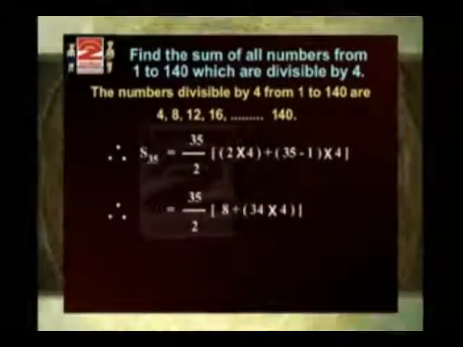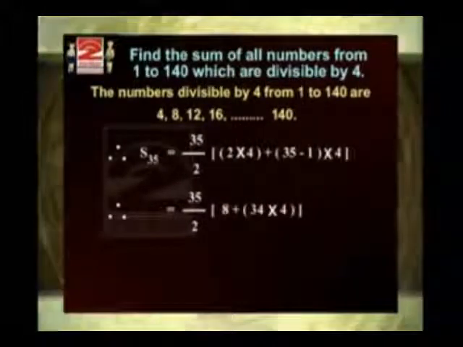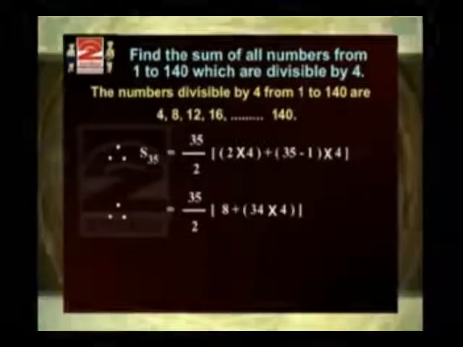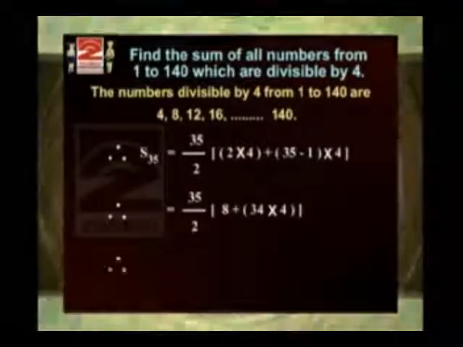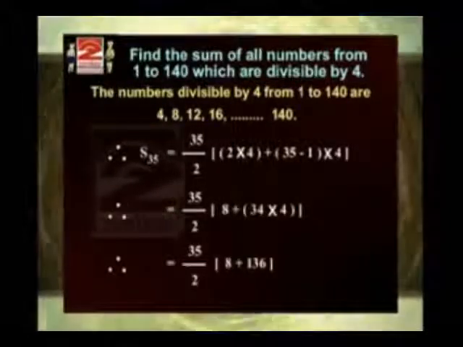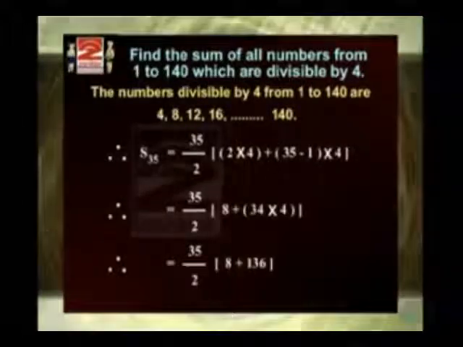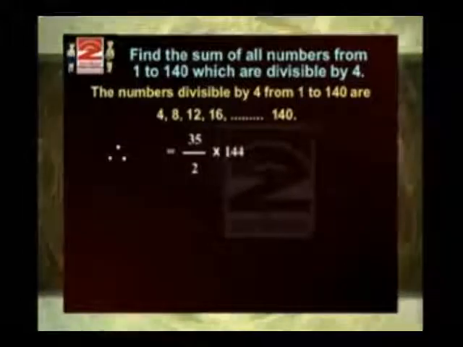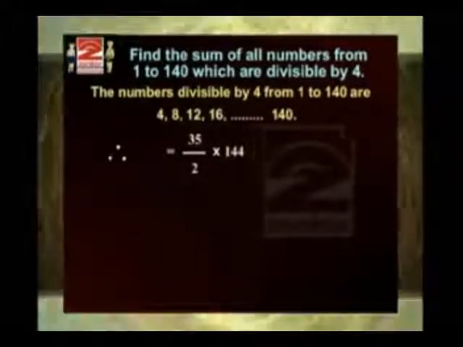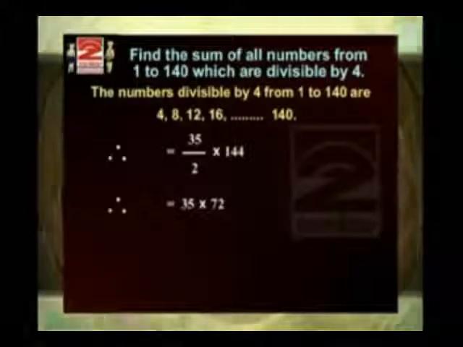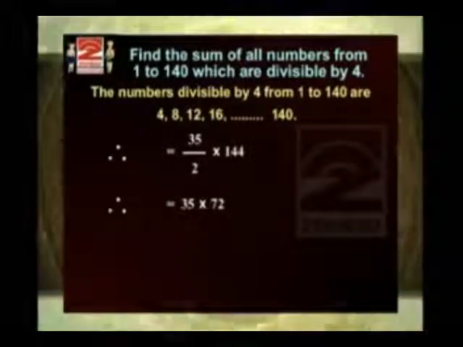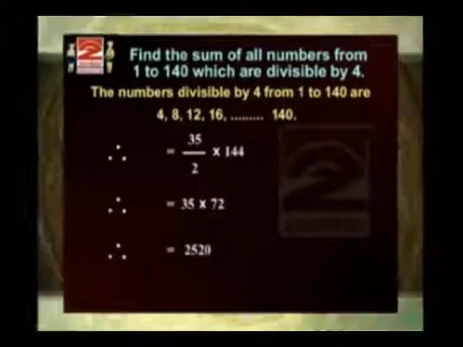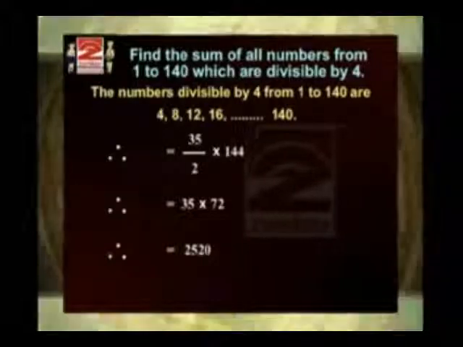That is equal to 35 upon 2 into bracket 8 plus 34 into 4. That is equal to 35 upon 2 into bracket 8 plus 136. That is equal to 35 upon 2 into 144. That is equal to 35 into 72. That is equal to 2520.